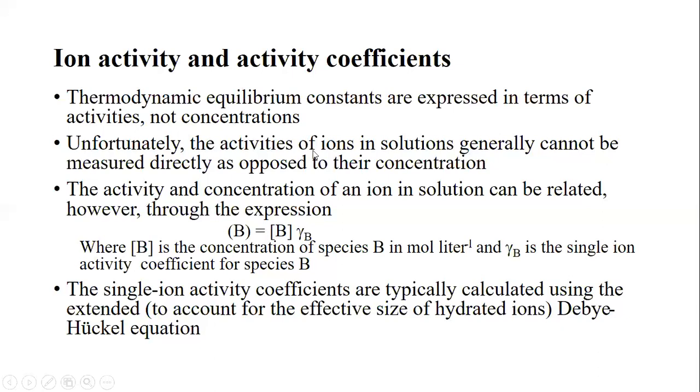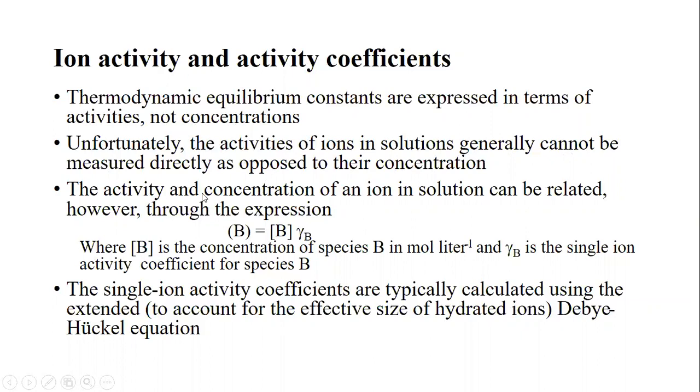Unfortunately, the activities of ions in solutions generally cannot be measured directly as opposed to their concentration. Concentrations we can determine using analytical procedures, but the activities we cannot determine in the laboratory. So we have to do something about it and we have to be able to calculate it. So we will see how we calculate it.